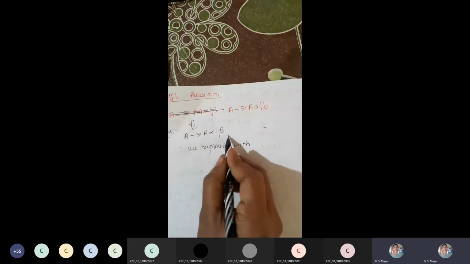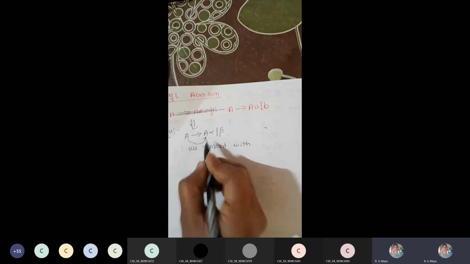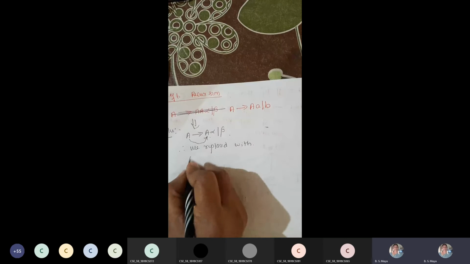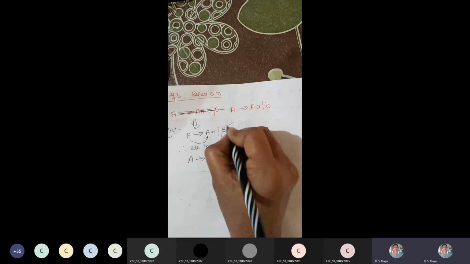If the grammar has A derives A alpha or beta, what is the formula? You should always write the formula. The formula also carries marks in the exam before writing your solution. If A derives A alpha or beta, see, the head of the production is also the same after the arrow, then it is called left recursion. If it is left recursion, then you have to replace it. What is the formula? Check your notes. Starting with A, you have to use the beta production first.